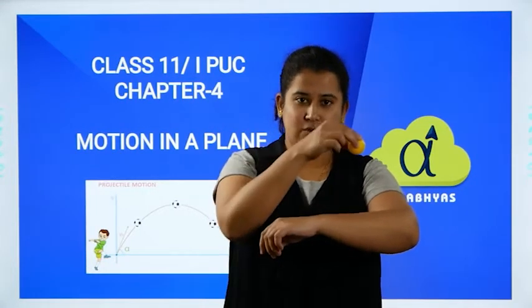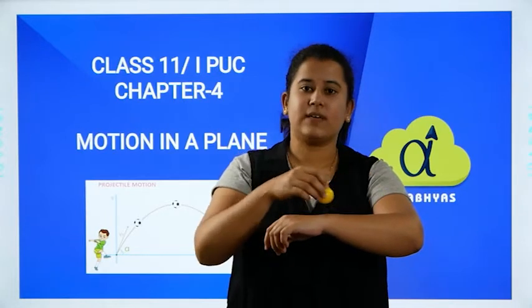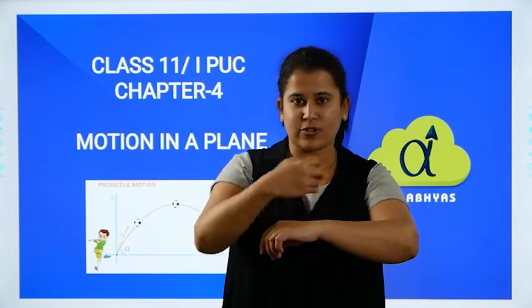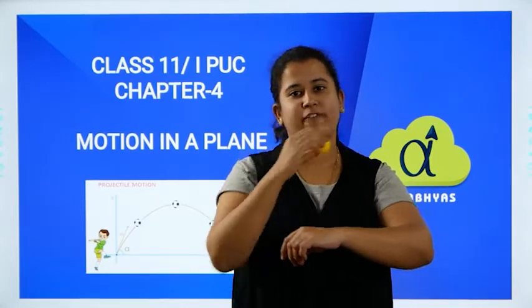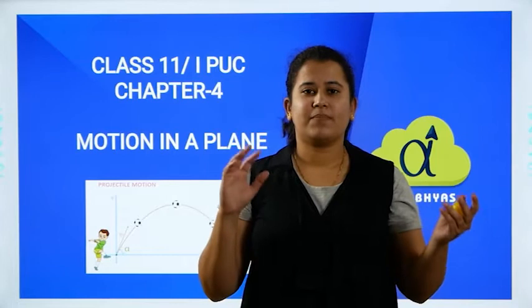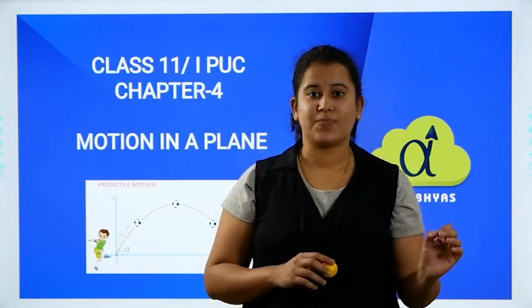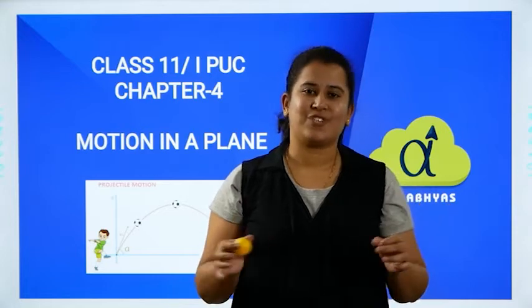It varies according to the x direction and also according to the y direction, right? So from these two examples, you can get the exact difference between motion in a straight line and motion in a plane, right?